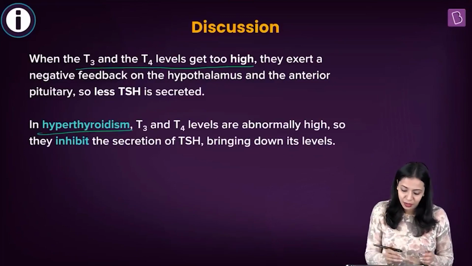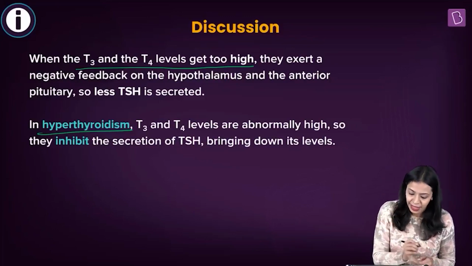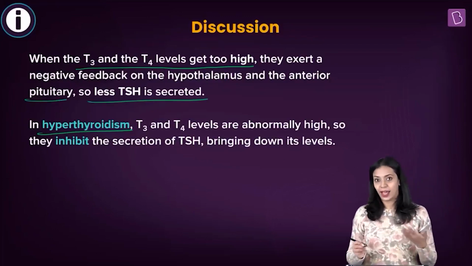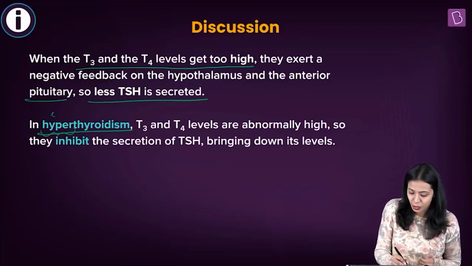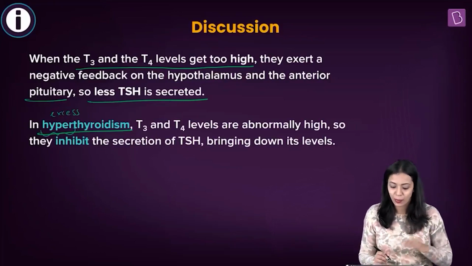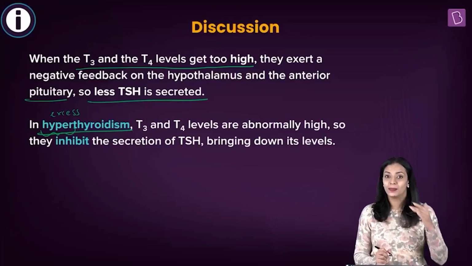Whenever the T3 and T4 levels get too high, they exert a negative feedback on the hypothalamus and the anterior pituitary. As a result, less TSH will be secreted. I already told you this, right? In hyperthyroidism, hyper refers to excess. T3 and T4 levels are abnormally high, so they inhibit the secretion of TSH and bring down its levels.